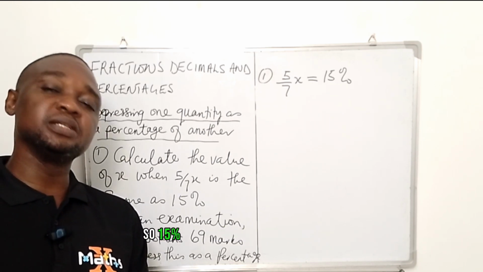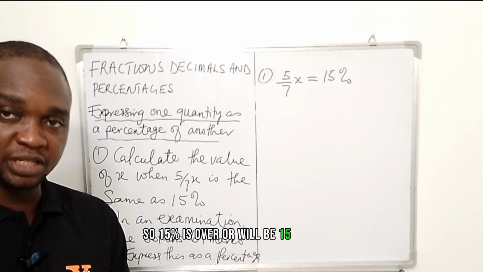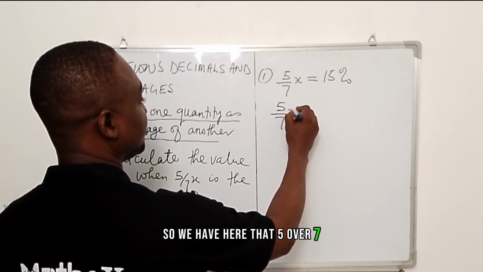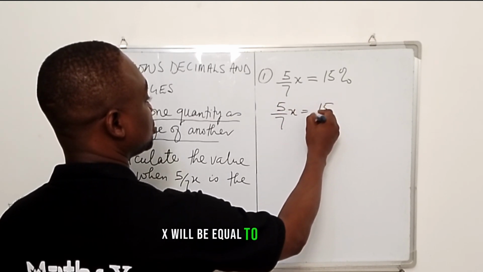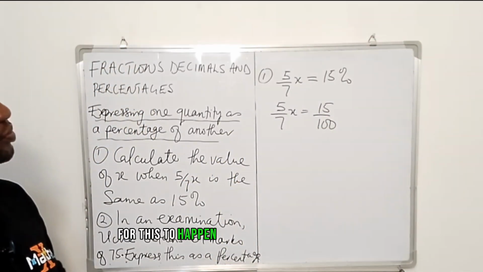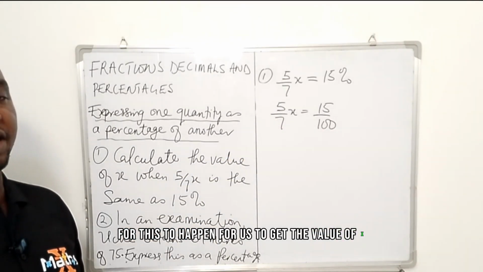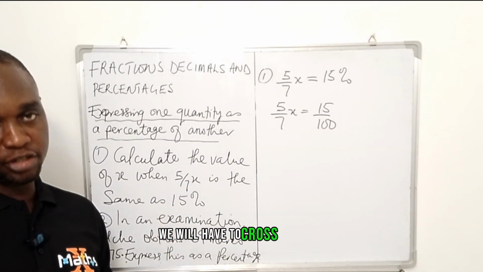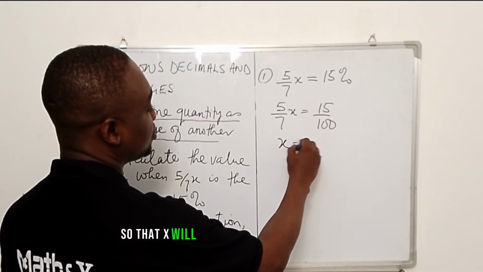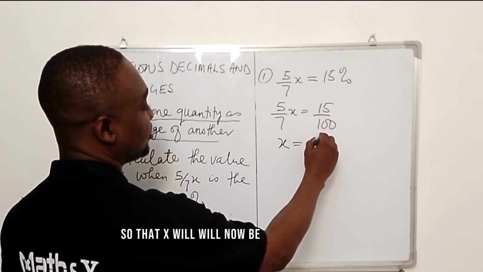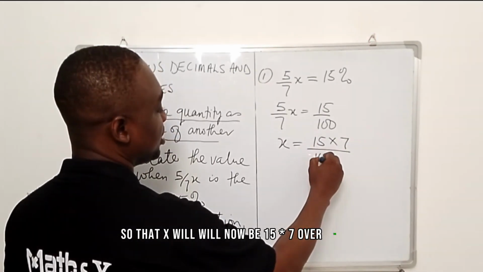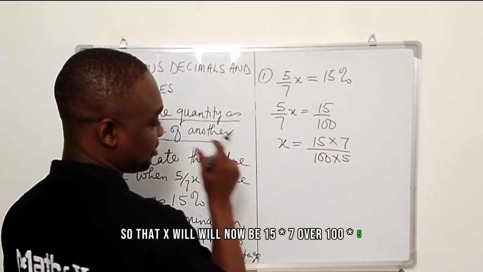So 15% will be 15 over 100. So we have that 5 over 7x will be equal to 15 over 100. For us to get the value of x, we will have to cross multiply, making x the subject, so that x will now be 15 times 7 over 100 times 5.